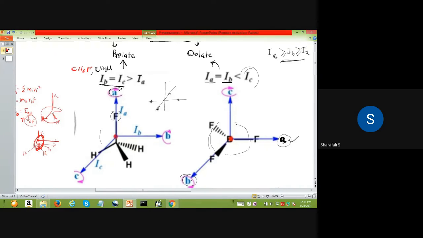So they will form this kind of structure. But in the prolate case, IA is larger. In this case, IA is this, so I will have to draw it somewhere here. This is your IA, which is larger than the other two, so it will come like this.